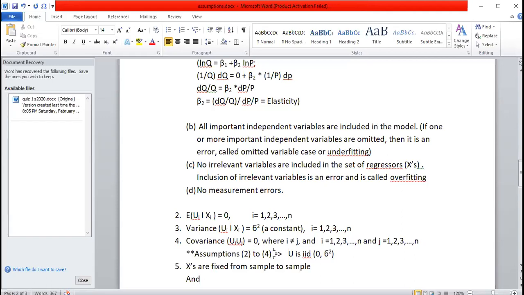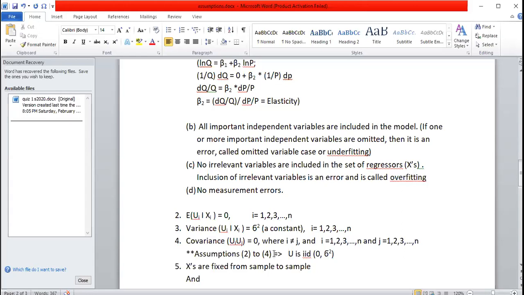The assumption about U is that they are identical, like identical twins, exactly the same. Mean 0, variance sigma square. However, they are not related to each other. They are exactly the same, but we are saying no, they are not related. So that is the assumption about U.